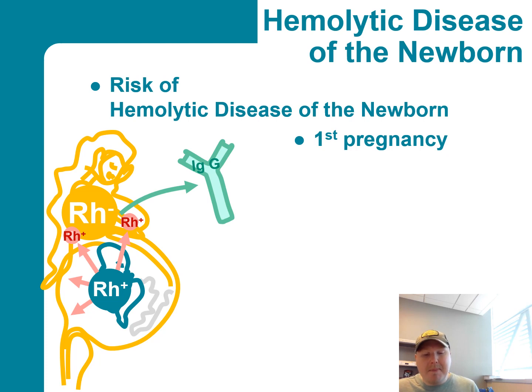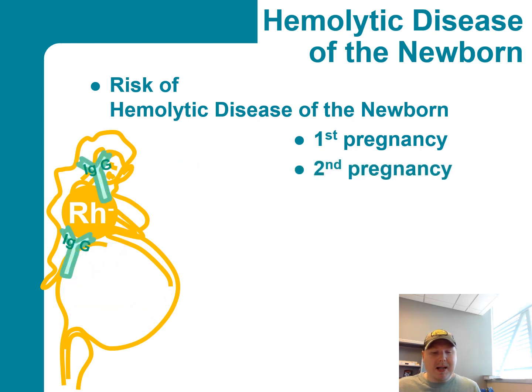So now this baby is going to be born, and during this first pregnancy there is not usually any problem because most of the sensitization is likely to take place during the birth of the baby. So by the time a mother develops rhesus factor antibodies after the delivery, it's okay because the rhesus positive baby has already been delivered.